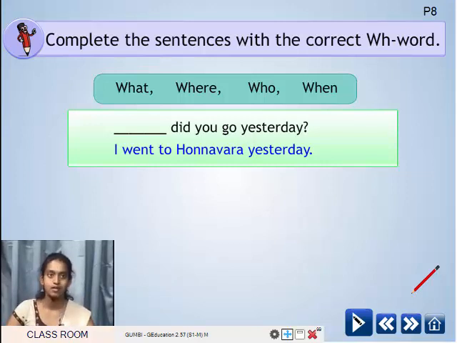My sister fairly did well in the examination? No. My sister did well in the fairly examination? No. You know it's an adverb, so it has to be somewhere near the verb. So my sister did fairly well in the examination. Did you understand that?